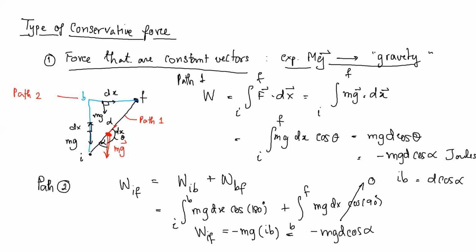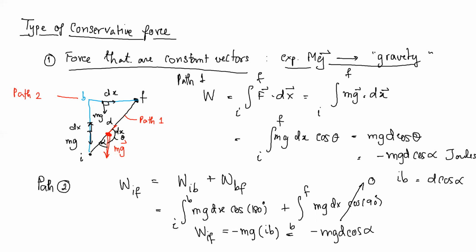So that means it depends only on the initial point and the final point. And we see that it is actually mgh, where h is the height of the object from the reference point in the direction of the gravity.